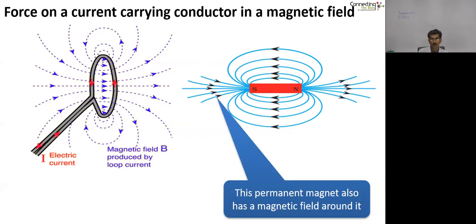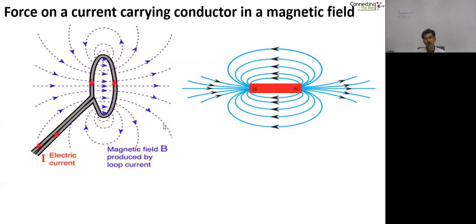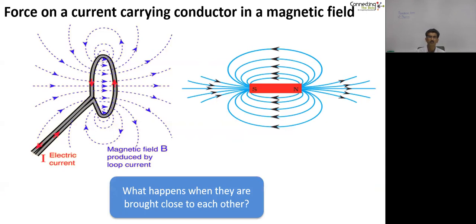There will be a force of repulsion or attraction, because even though one is a temporary electromagnet and one is a permanent magnet, they are magnets, and there will be a force of attraction or repulsion because both magnets have north and south poles.